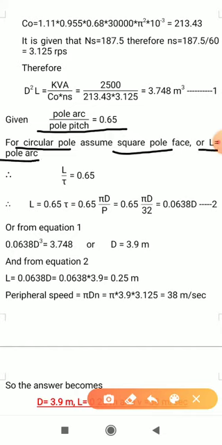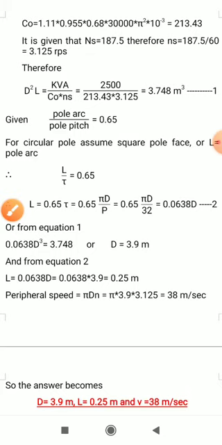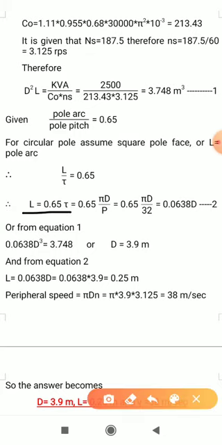So if you take L equal to pole arc, then the pole arc can be replaced by the L, and pole pitch is tau. So simply the L by tau ratio we can assume as 0.65. L by tau is equal to 0.65, means L is equal to 0.65 into tau.